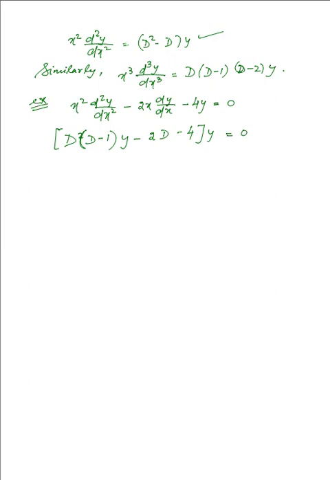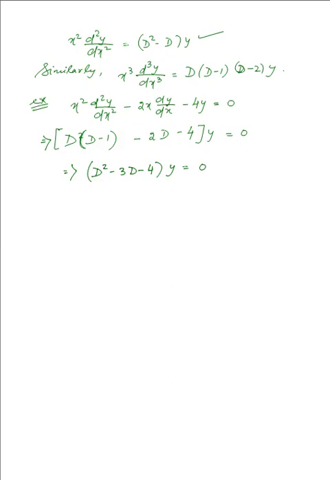We can take the y out from the first part. So we have the equation to be of the form d squared minus 3d minus 4 gets multiplied to y, and that is 0.